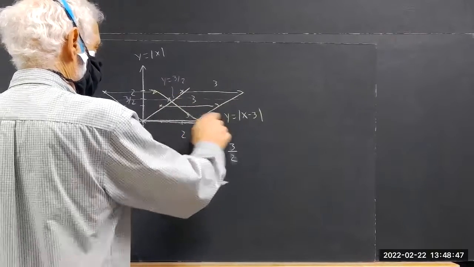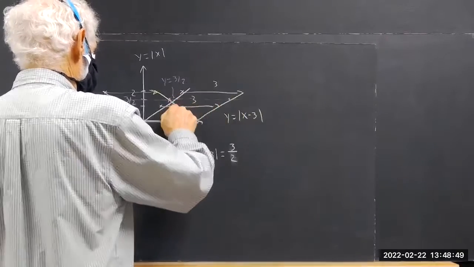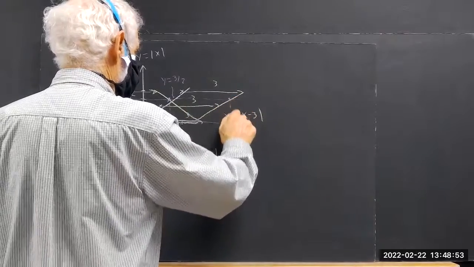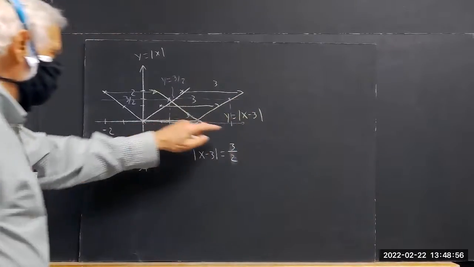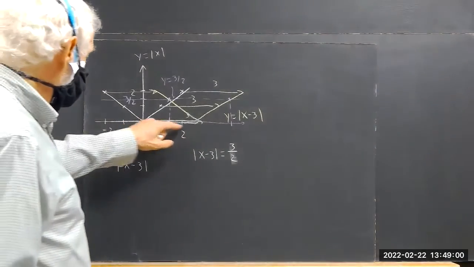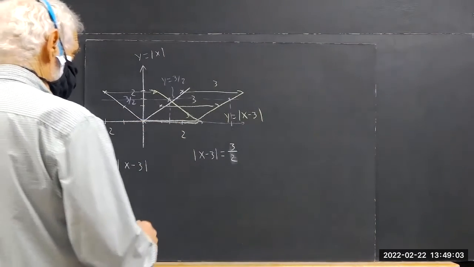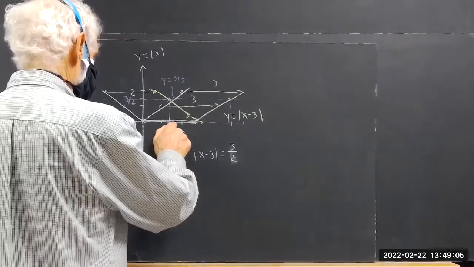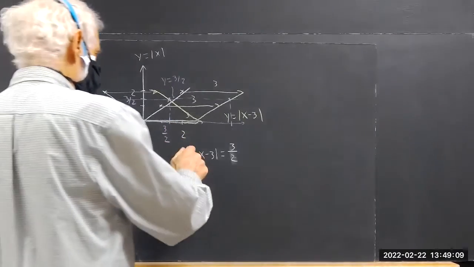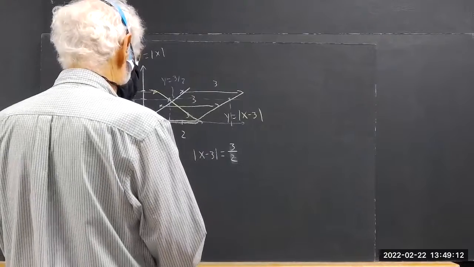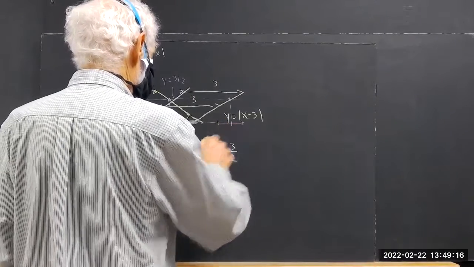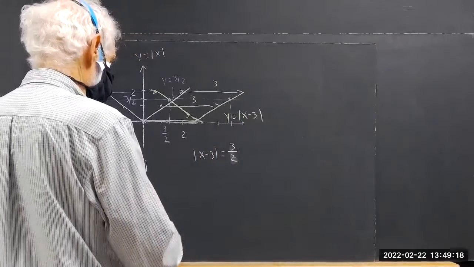And right here is a point on the graph, and here's a point on the graph. These are the x values for y equals 3/2. This is between 1 and 2, so I'm going to say that is about 3/2. And over here is 4, and here's 5. So this looks like about 4.5.